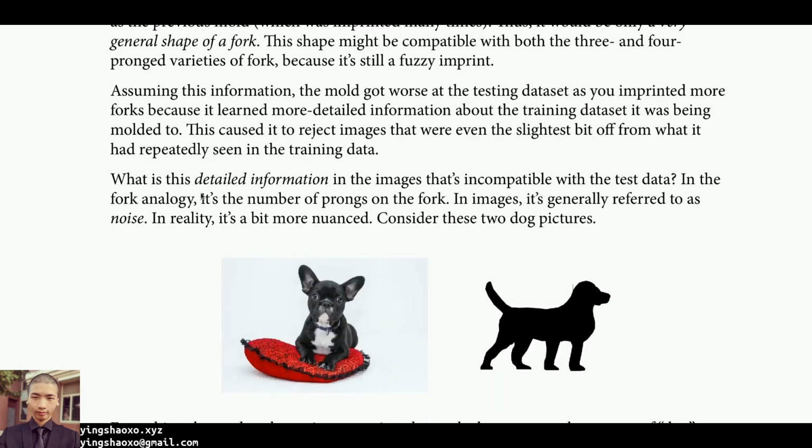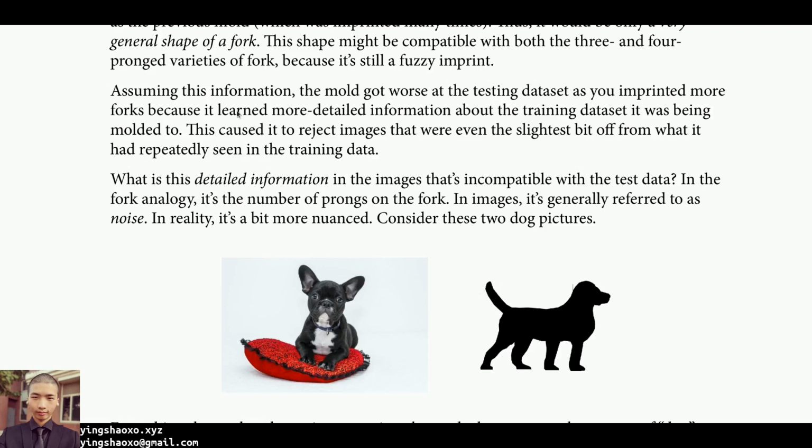So what is this detailed information in the images that's incompatible with the test data? In the fork analogy, it's the number of prongs on the fork. In images, it's generally referred to as noise. In reality, it's a bit more nuanced. Consider the following two dog pictures.